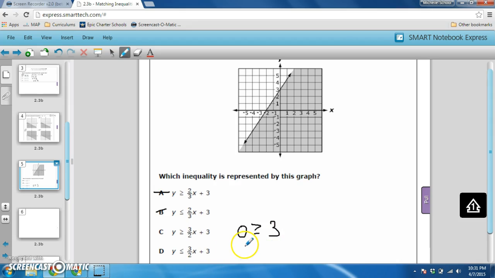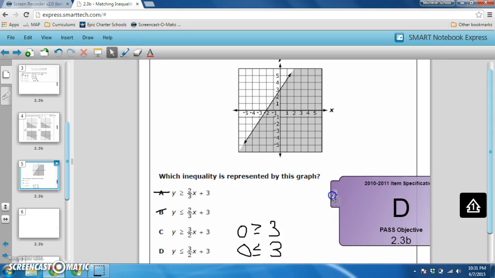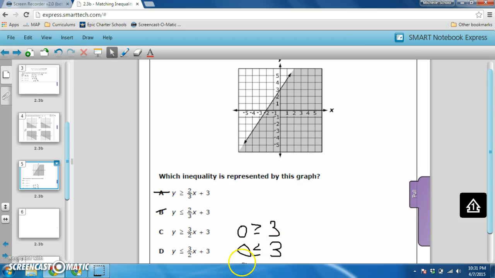And on this one we're going to get 0 is less than or equal to 3. Okay, so which one of those is true? Double check that I'm right. Okay. 0 is less than or equal to 3. That's true, and that's where it's shaded. So that is the answer.